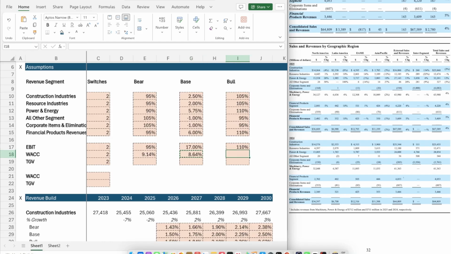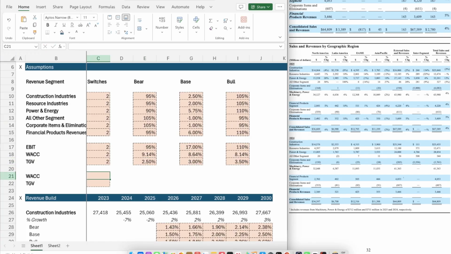And for the bull, we take away 0.5%. For the terminal growth value, we're going to say 3%. The bull will add 0.5% onto that. For the bear, we will subtract.